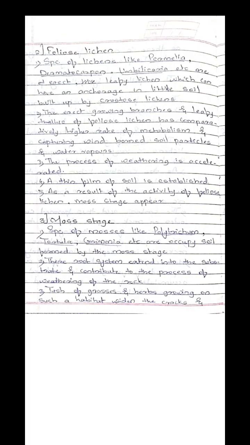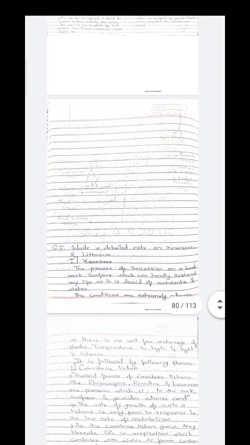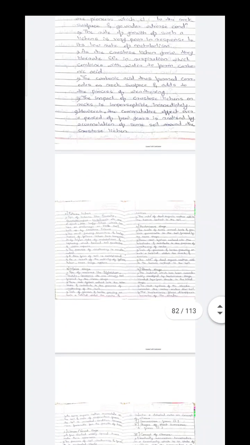The tufts of grasses and herbs growing on such a habitat widen the cracks and crevices. The addition of dead organic matter adds to the humus content in the soils.